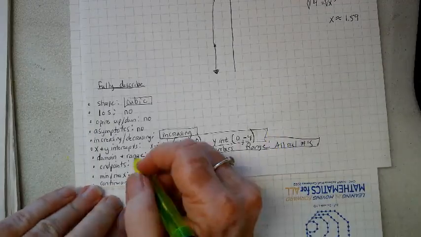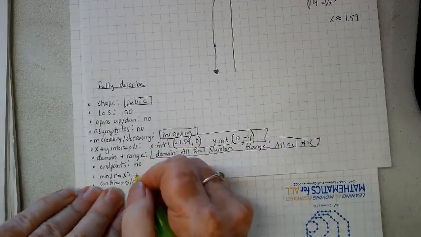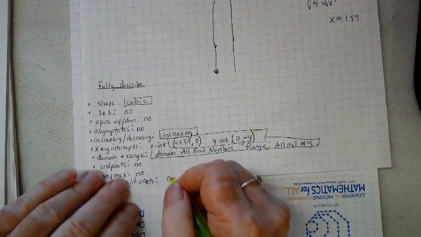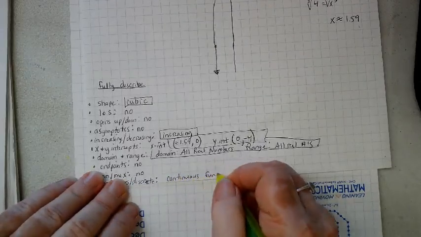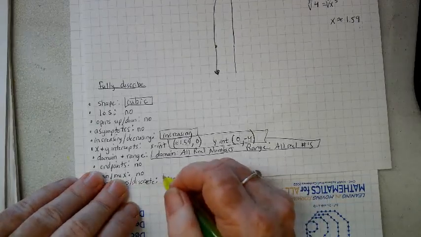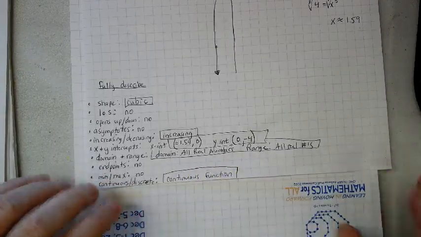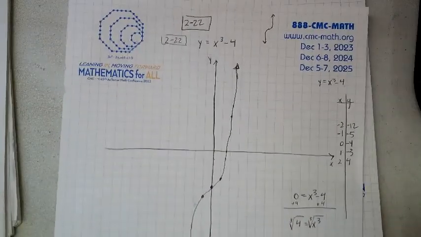There's no endpoints. There's no min and max. It is a continuous function. Okay, so I think that's about it.